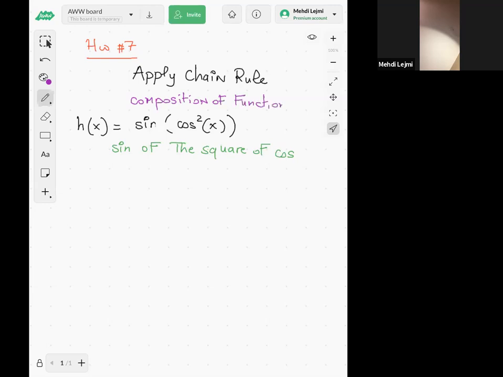It's a sine of something, not sine times cosine squared. So it's sine of cosine squared, a composition of functions.